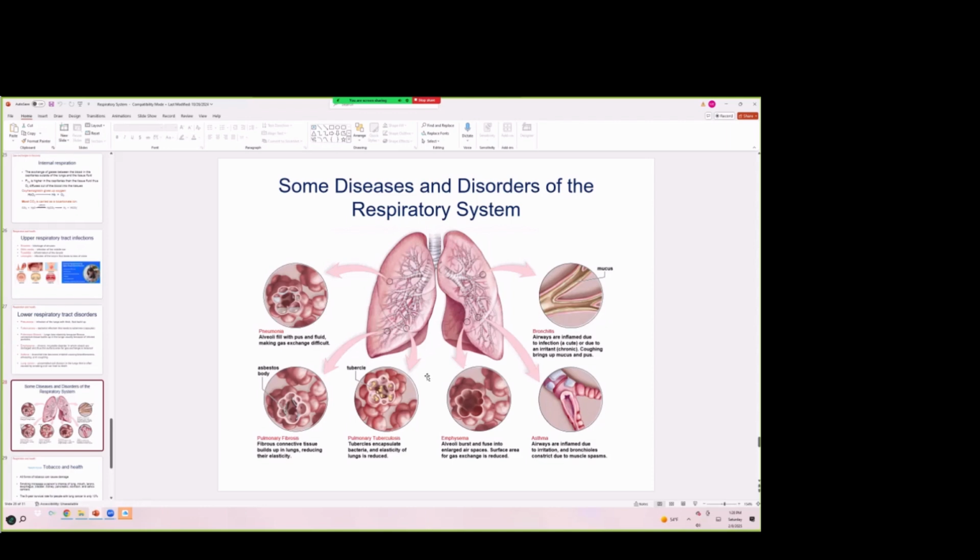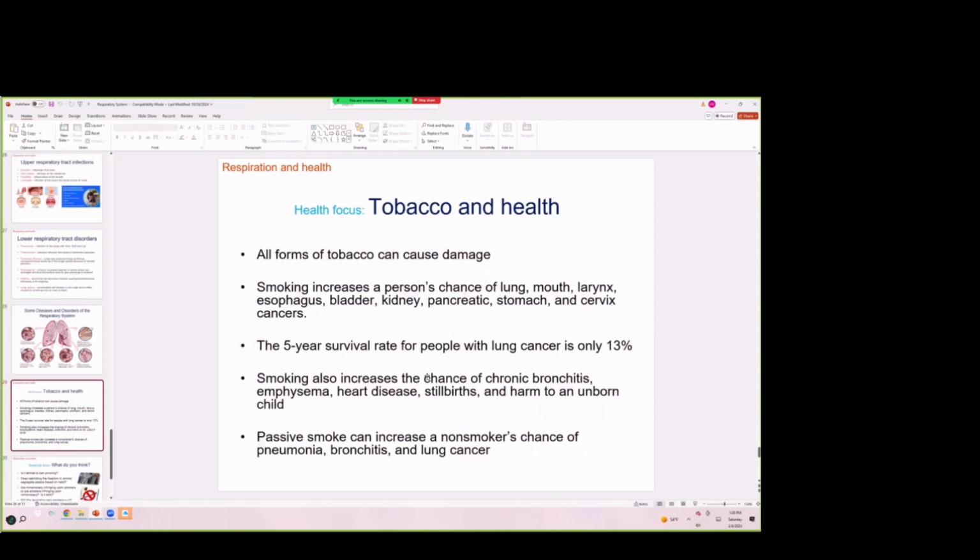Some of the things, in terms of health focus, that could affect our respiratory health is when we smoke stuff, when we inhale stuff. We are supposed to be breathing clean air without particulate matter. Unfortunately, sometimes when we smoke cigarettes or smoke other things, we breathe in materials in whatever we are smoking or inhaling, even from the environment.